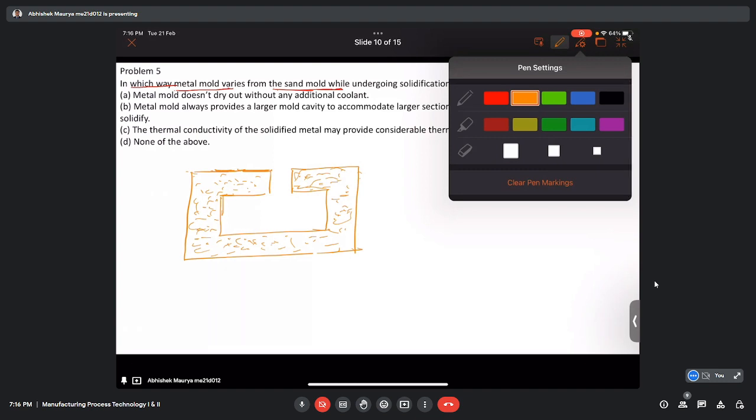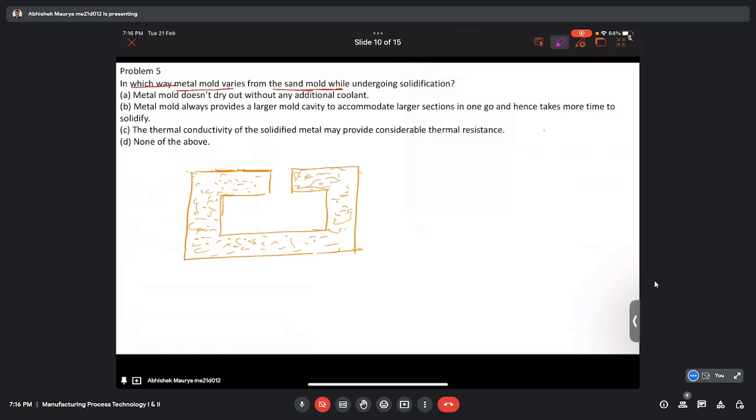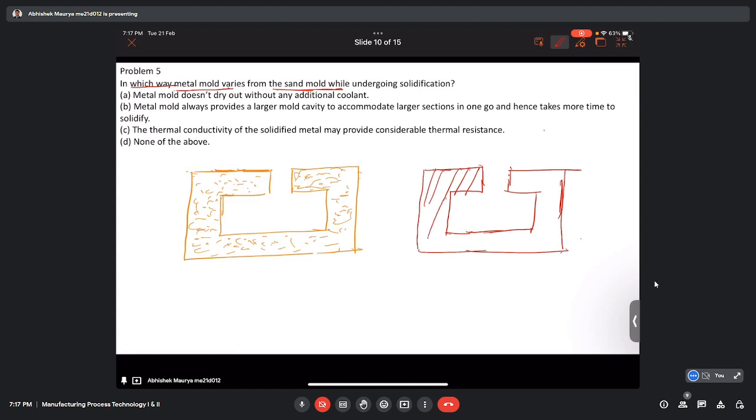And next we will draw a mold which is made up of metal. It is solid metal.